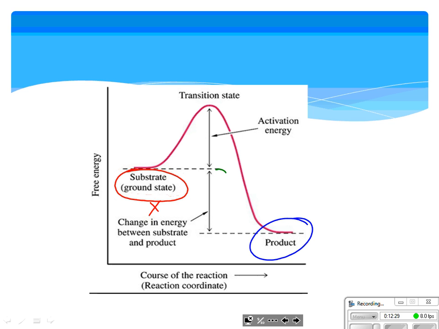This amount of energy right there is how much it has changed between the reactants and the products. So we can talk about energy changes associated with this. In this case, we are losing energy. Energy is given off because the products are not as high. Is that always the case? Will there be times when the reactants are lower than the products? Absolutely. And we'll talk about that later on in this chapter.